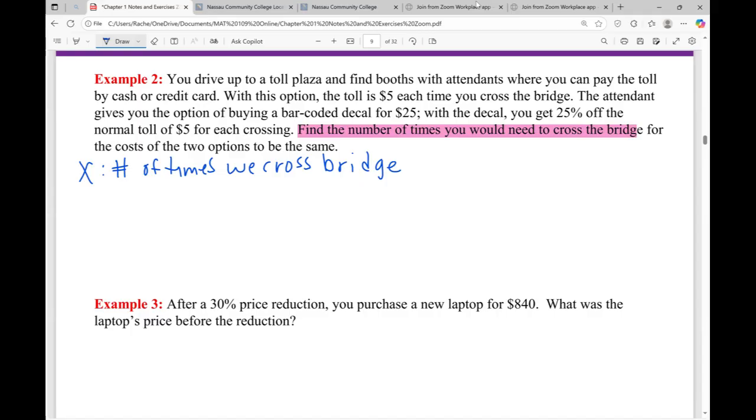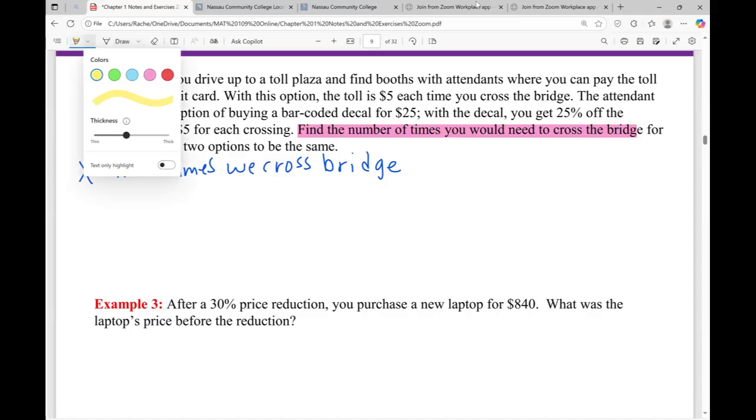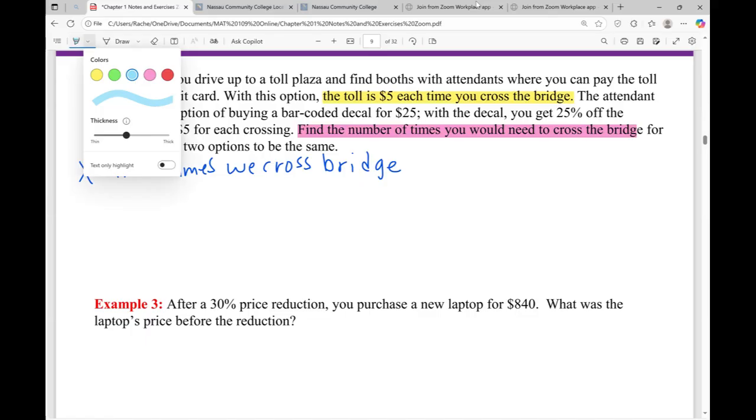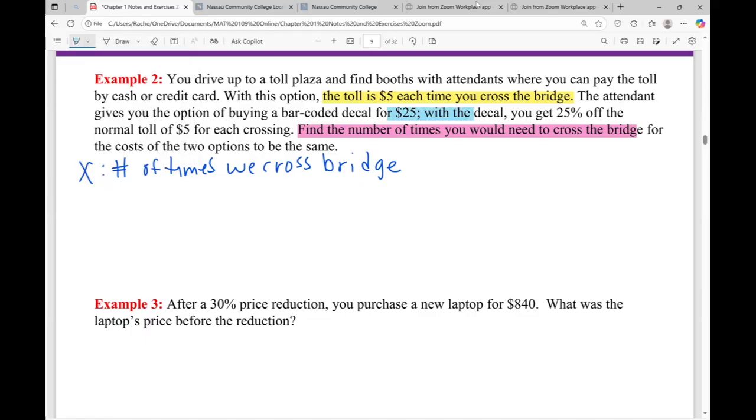With the first option, the toll is $5 every time we cross the bridge. But the other option, which I'll put in blue here, is for $25, we're going to get 25% off the normal toll of $5 every time we cross. So let's look. We have option 1, which is $5 every time we cross, and X is the number of times we cross the bridge, right? So option 1 is going to be 5 times X, right? $5 for every X, every time we cross the bridge.